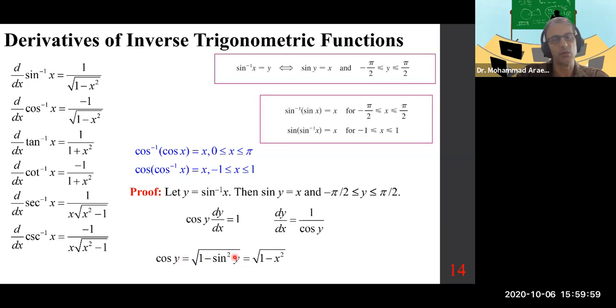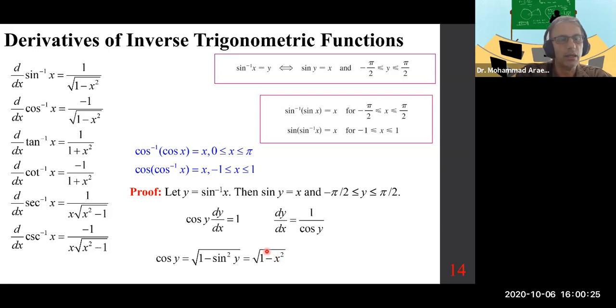This was discussed when we discussed inverse trigonometric functions. But let's quickly recap. Sine y gives you cosine y dy dx. X gives you 1. So dy dx is 1 over cosine y. If sine y is x, cosine y is the square root of 1 minus x squared.